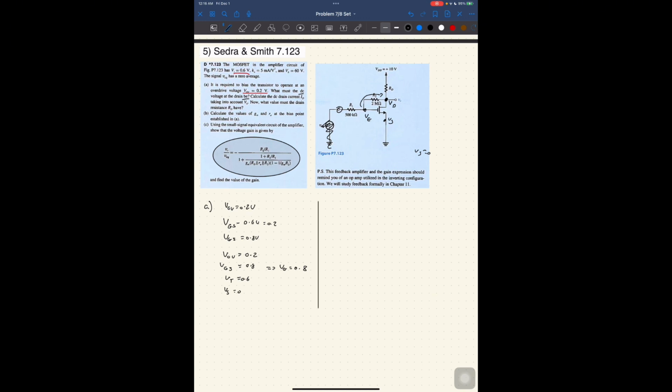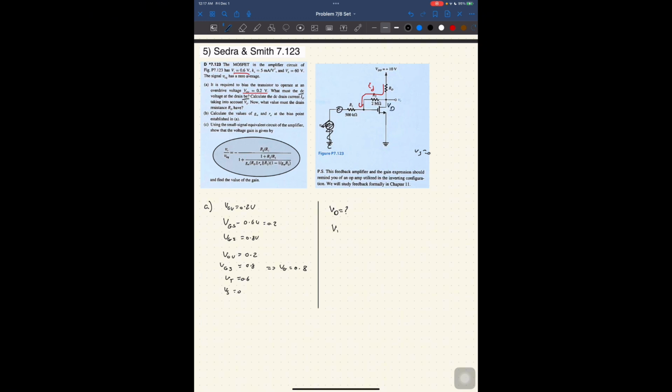Now, what must the DC voltage at the drain be? So what is VD equal to? Well, I get that here my current is flowing this way, and it has to be ID. So let's try to solve it that way. I understand that to get VD, this is VD.